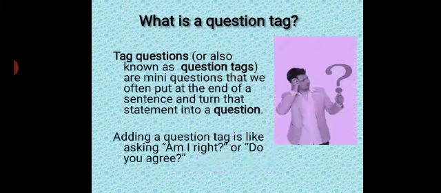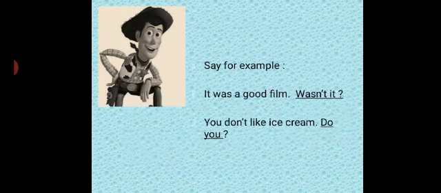Just to make it simple further, have a look at this question tag. First, we will read the given statement. It was a good film. The question tag is, wasn't it?